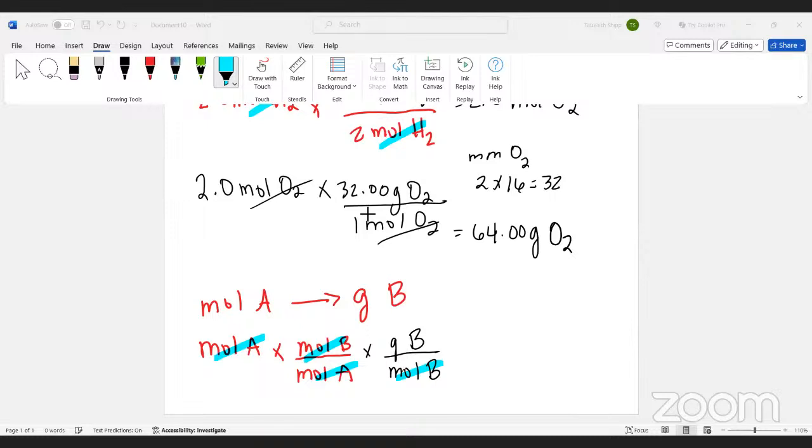Now remember, I'm going to put 4 moles of iron on the bottom because that's what they gave me in this problem right here, that 4. And then on the very top, the 2 moles of iron 3 oxide is going to go. Now all you're going to do is multiply. 2 times 2 is 4, divided by 4, and you get 1.0 moles of iron 3 oxide.